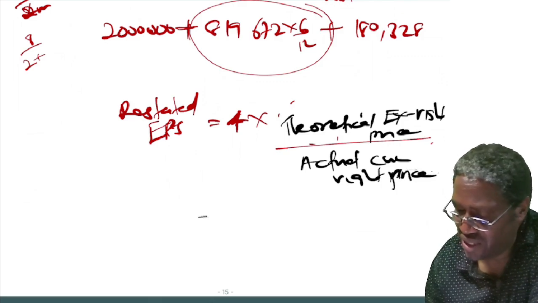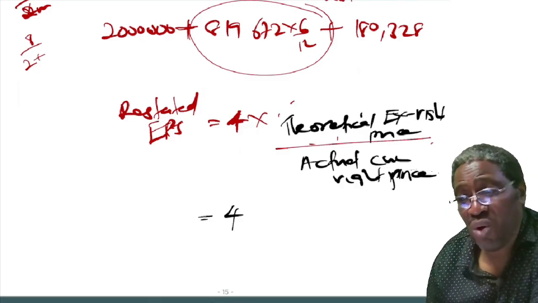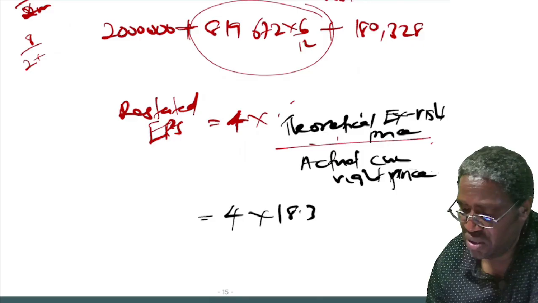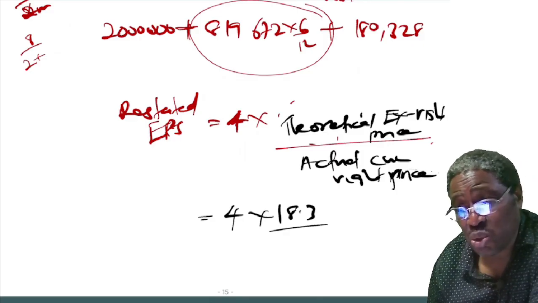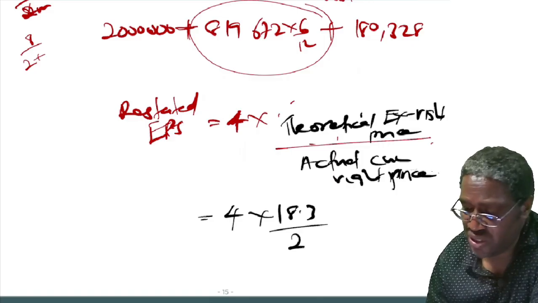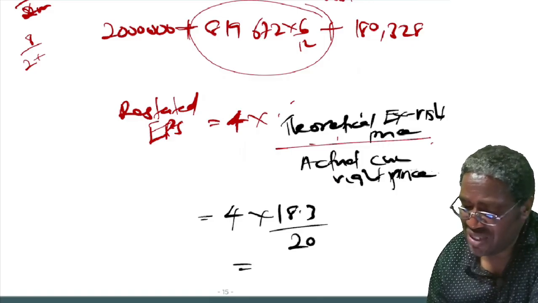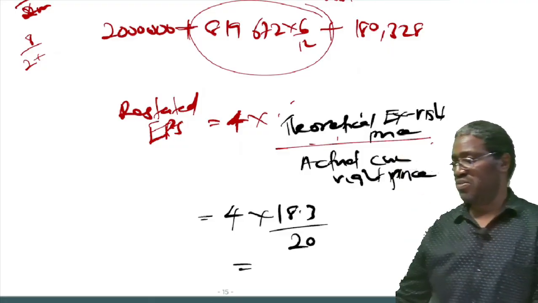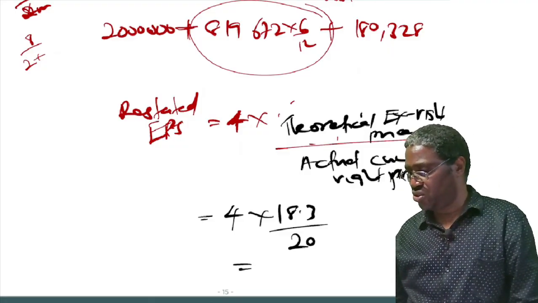Like in our case here, it is 4. What was our theoretical ex-rights price? It was 18.3. We divide that by the actual price before the rights issue. What was the price? It was 20. What becomes the restated EPS of last year? Let me just do it for the purpose of illustration.